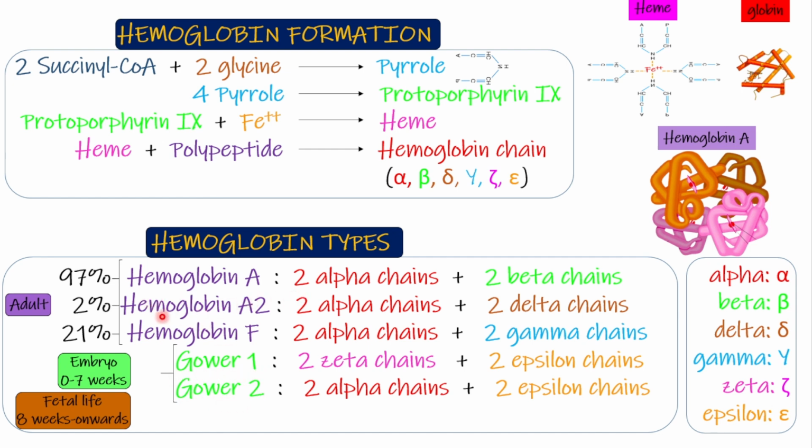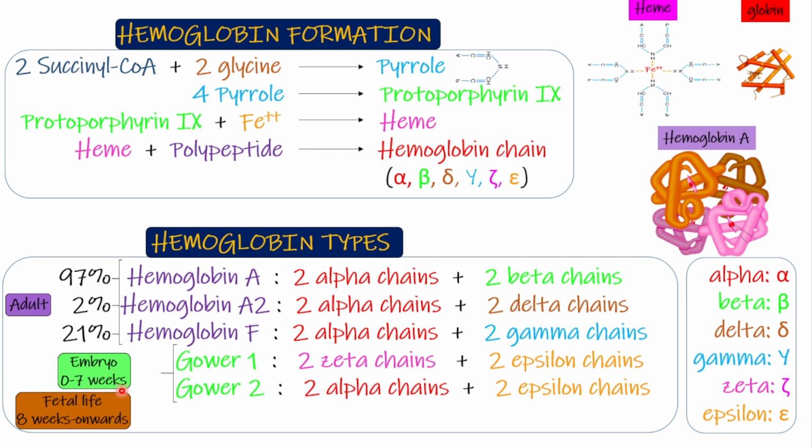There is no hemoglobin A, no hemoglobin A2, no hemoglobin F here. In Gower 1 and Gower 2, what is the common chain? The 2 epsilon chains are common. The difference is in the 2 zeta chains and the 2 alpha chains.